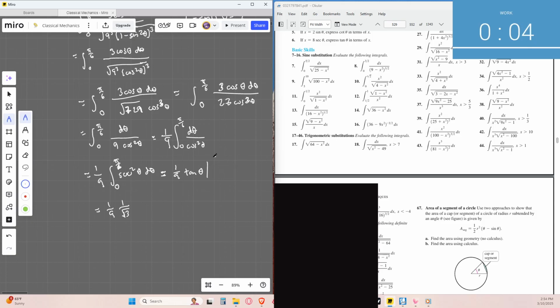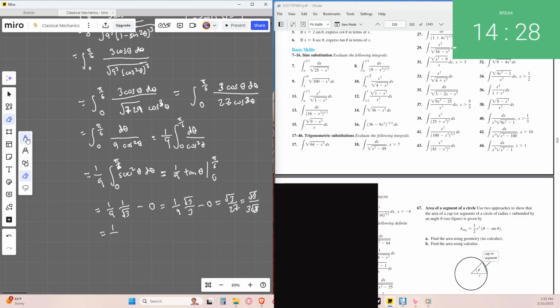This is a definite integral, so in turn leaves us with, no, not the square root, 1/3.